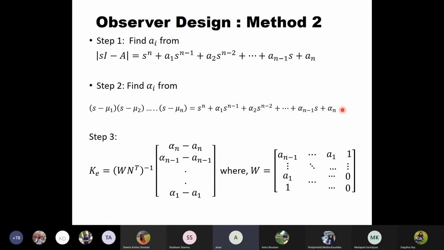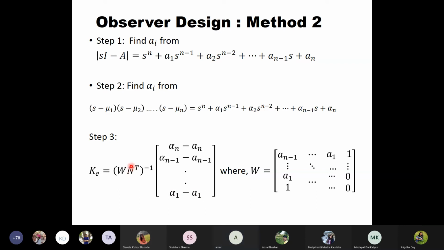So from these equations, I will get alpha 1, alpha 2 to alpha n. So we get the Ai's, we get the alpha i's, and then the third step: Ke, the observer gain, is nothing but W times N transpose inverse, multiplied by the vector alpha n minus An, alpha n minus 1 minus An minus 1, and the final element of that vector will be alpha 1 minus A1.